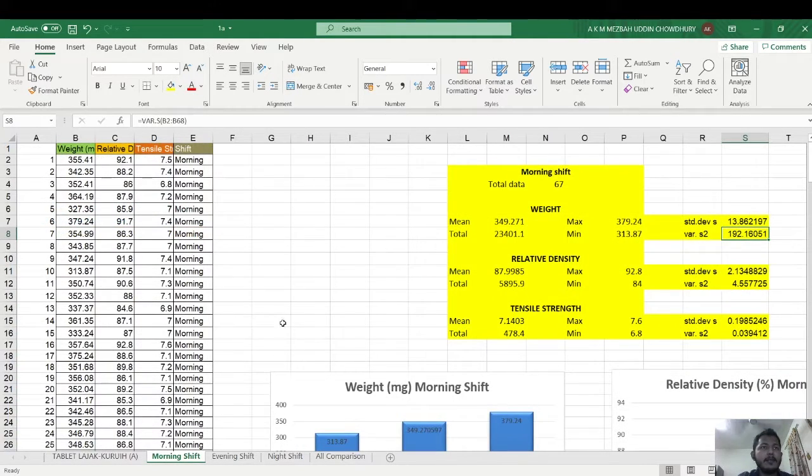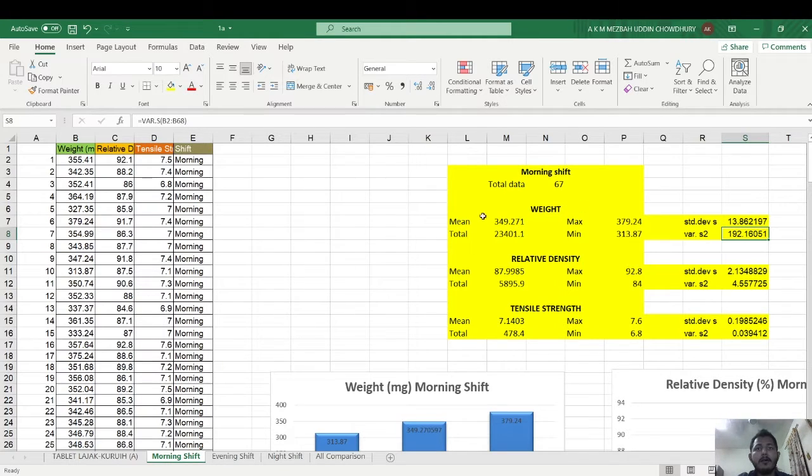In this Excel sheet, we have separated the sample data and took only the morning shifts. So from summarizing this morning shifts, we found that there is 67 total morning shifts.